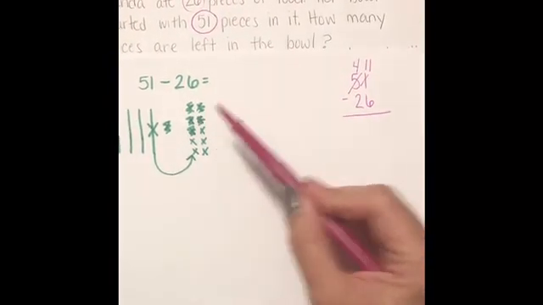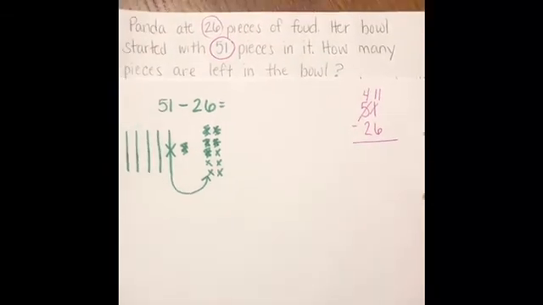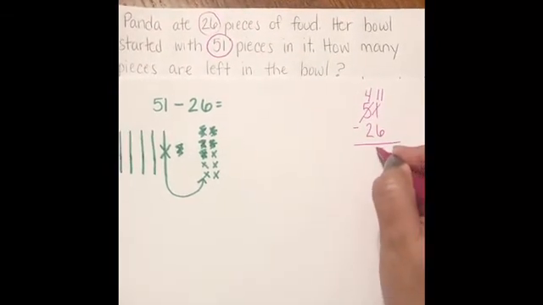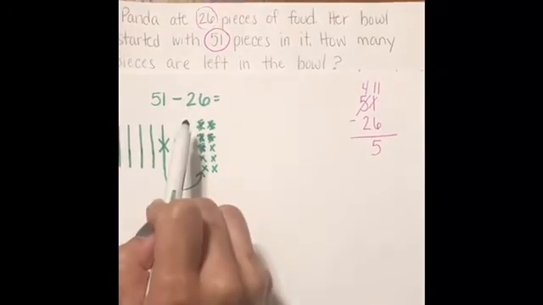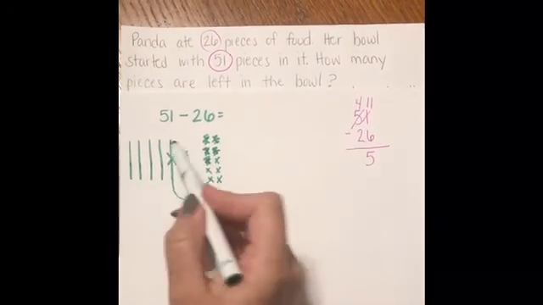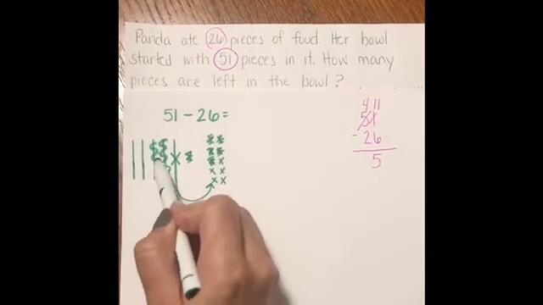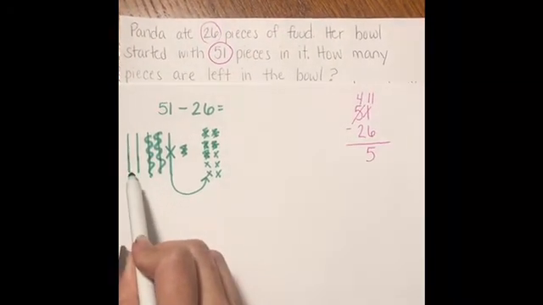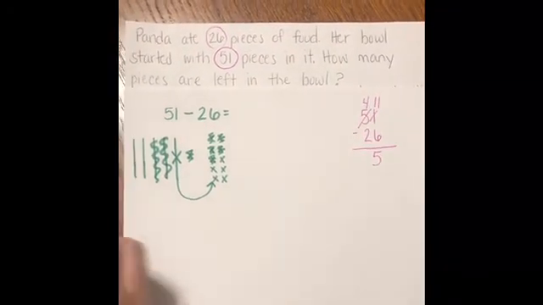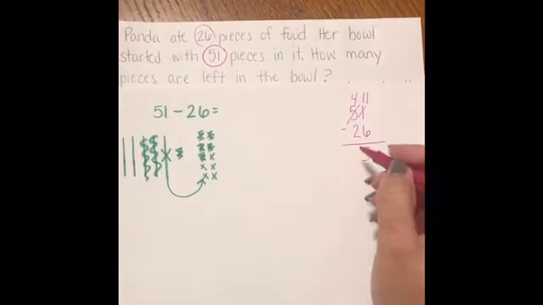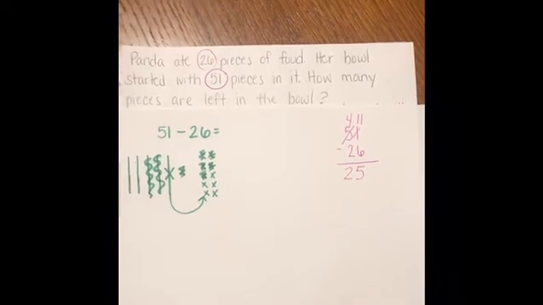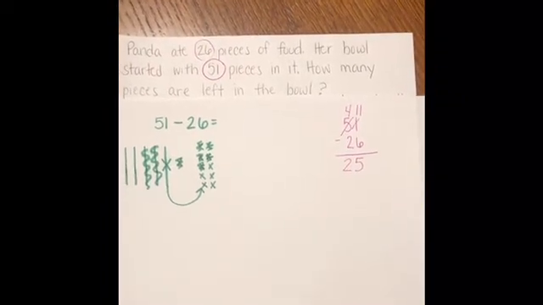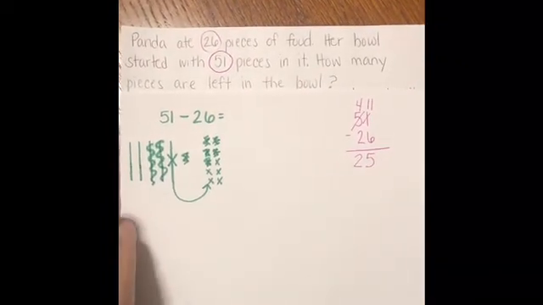I took away 6, and I get the answer of 5. And now I can take away my 2 rods. 1, 2, and 4 minus 2. I have 2 left. 4 minus 2 is 2. So my answer to this problem is 25.